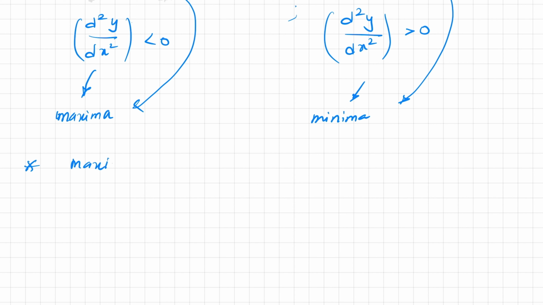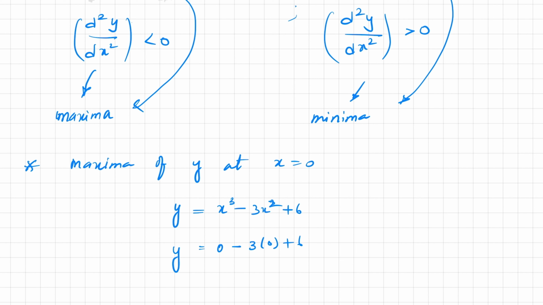Maxima of y, that is at x is equal to 0. In the equation provided, which is x cubed minus 3x square plus 6, if you substitute x is equal to 0, 0 minus 3 into 0 plus 6, that means the maximum value of y is 6. And the minima of y is at x is equal to 2.